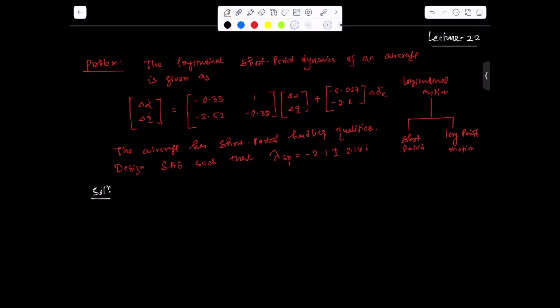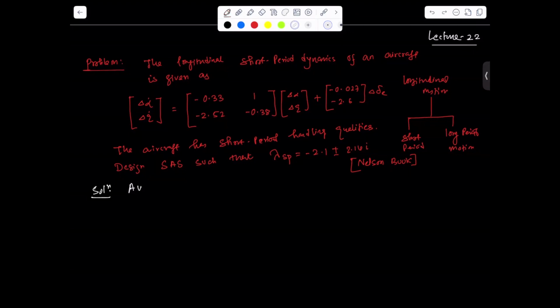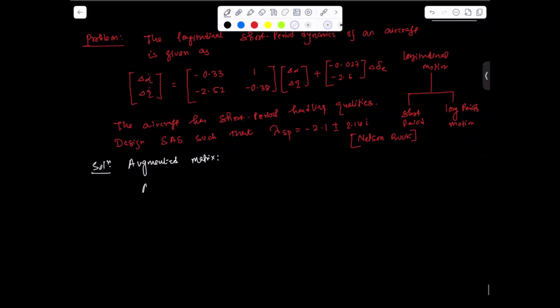From the given system, we can find the augmented matrix. One more thing: this problem is taken from the Nelson book. The reference is defined in the course website. To find A_CL, we can find A minus B K transpose.